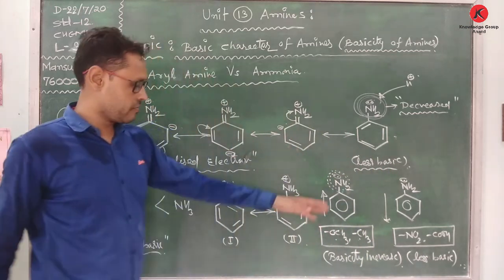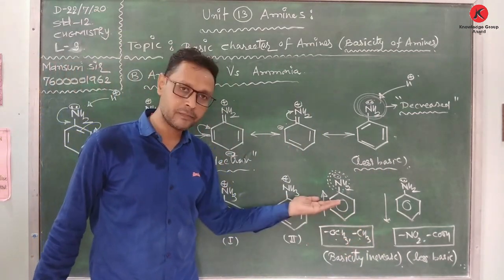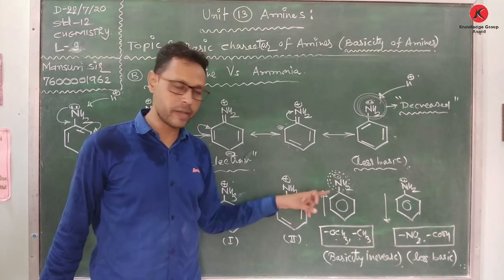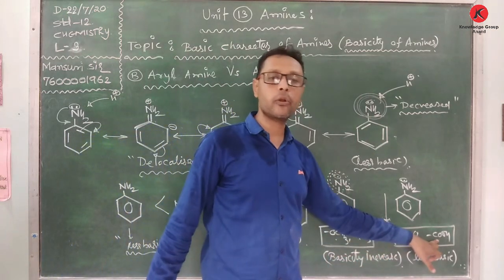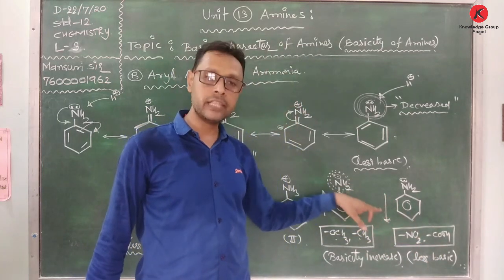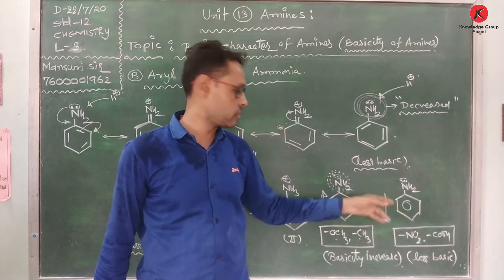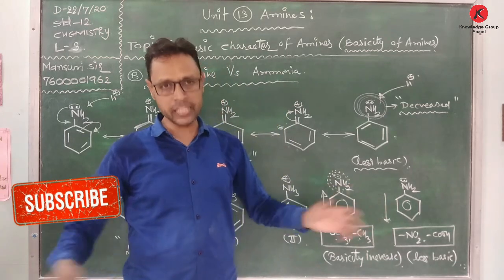So we can say that when methoxy, methyl, this type of group is attached to the aniline, aniline becomes more basic, and when nitro, COOH groups are attached to the aniline, then these groups are electron withdrawing groups. That is why aniline becomes less basic. Okay.